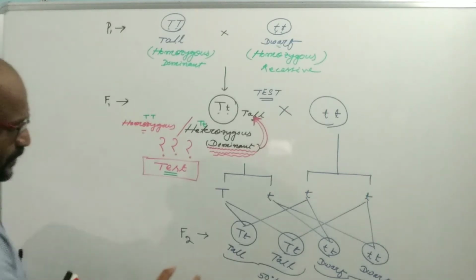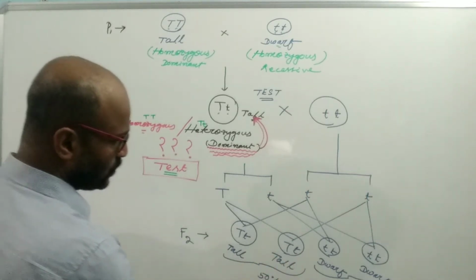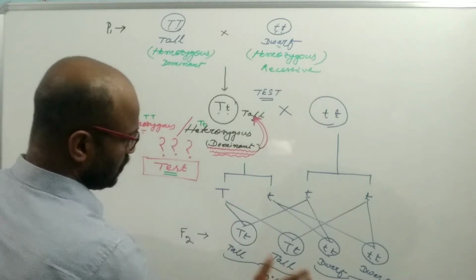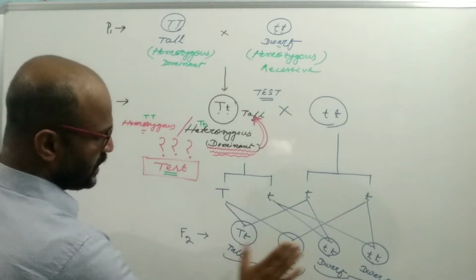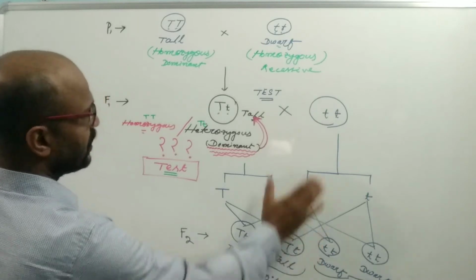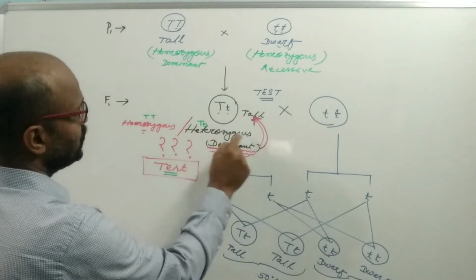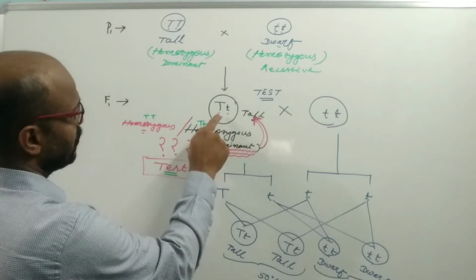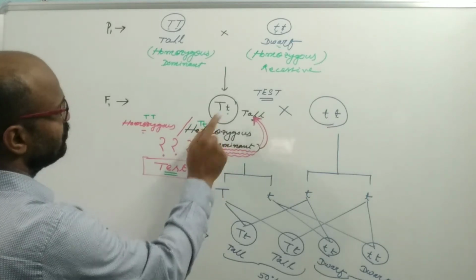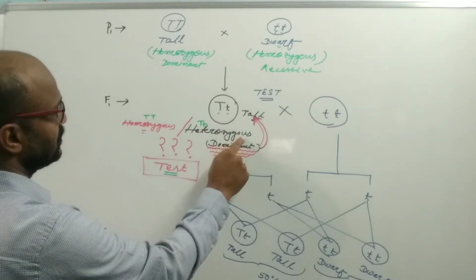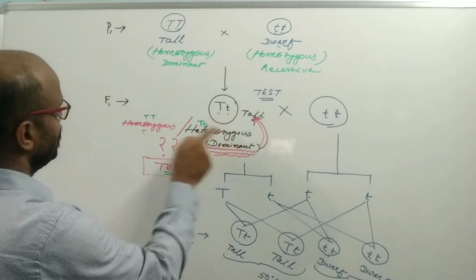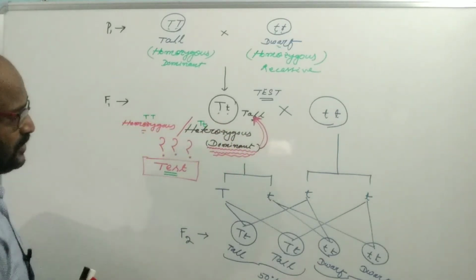If we get the phenotypic ratio 1:1 of dominant and recessive, then we confirm that the F1 offspring, which is heterozygous dominant, expresses the dominant trait from the heterozygous condition, capital T small t, not from capital TT.